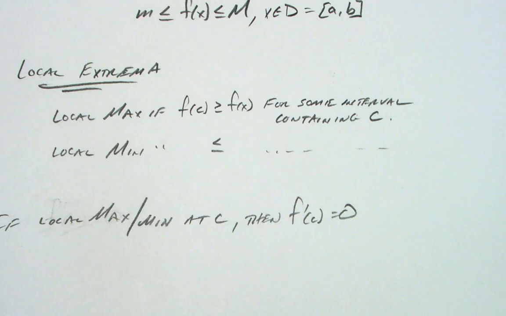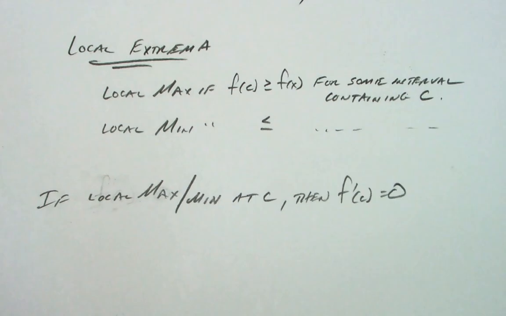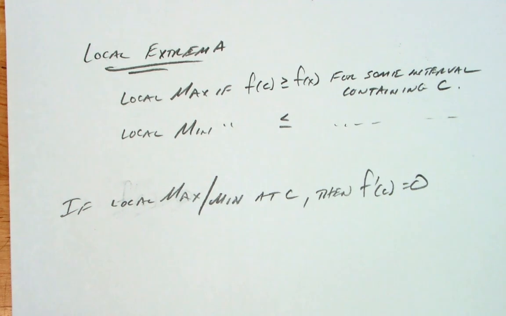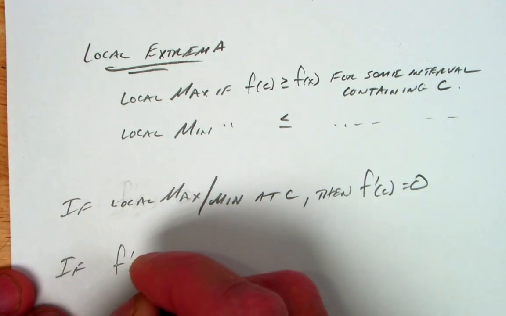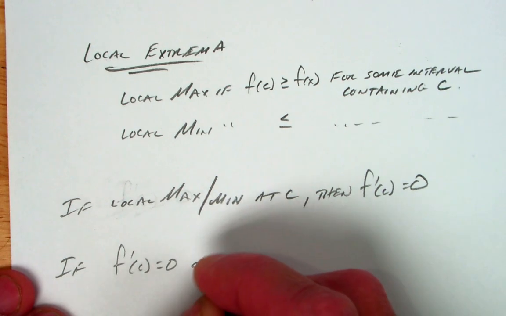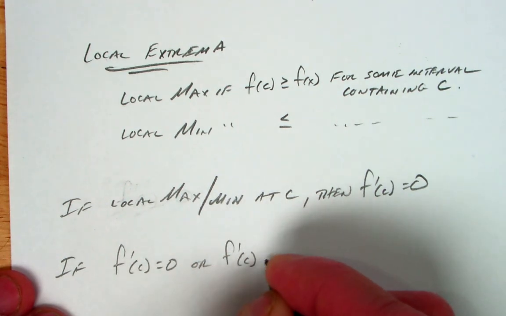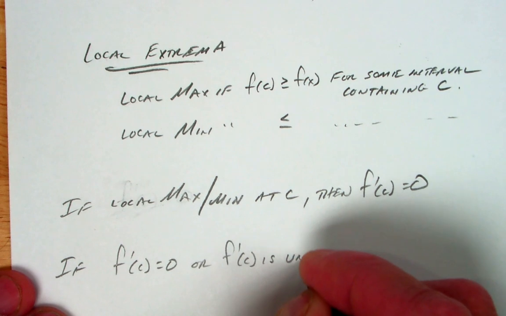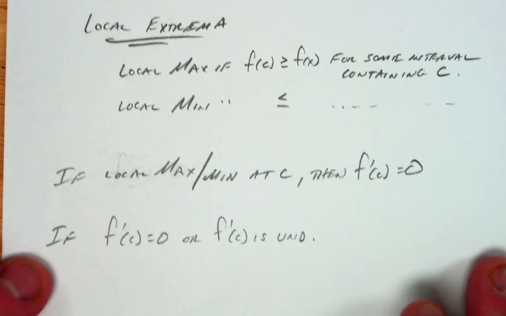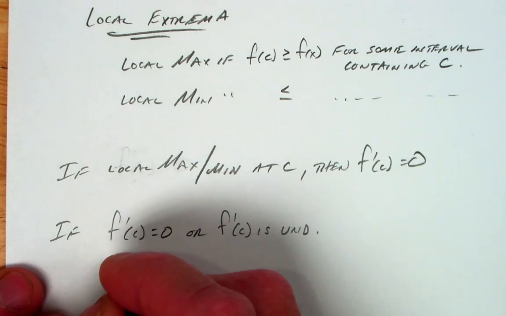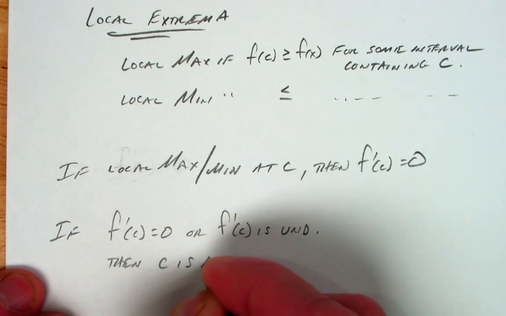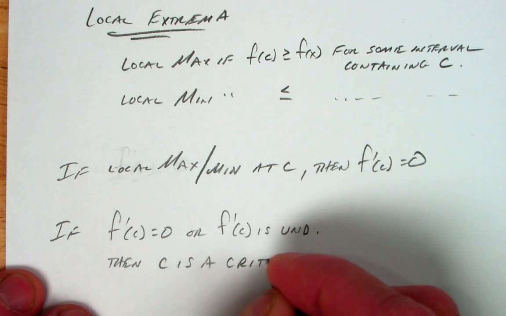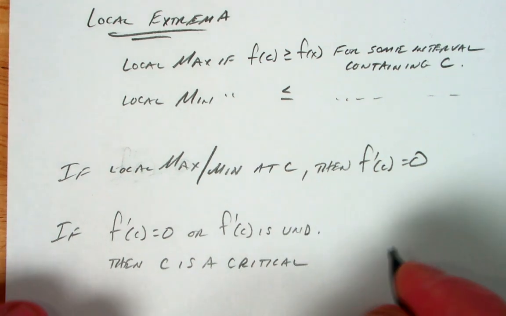And you know what? We are surprisingly close to being done. Oh my goodness sakes. And then this is very important. If f prime of c equals 0 or f prime of c is undefined, then c is what's called a critical point.